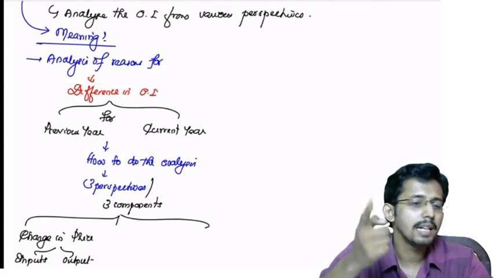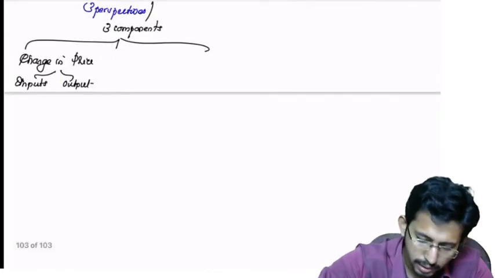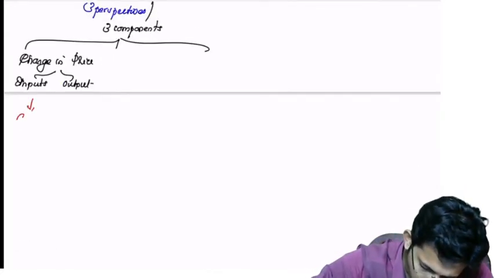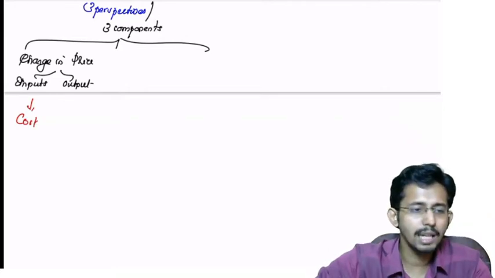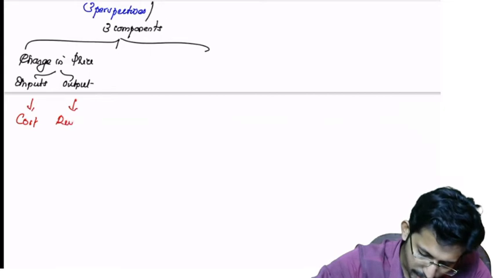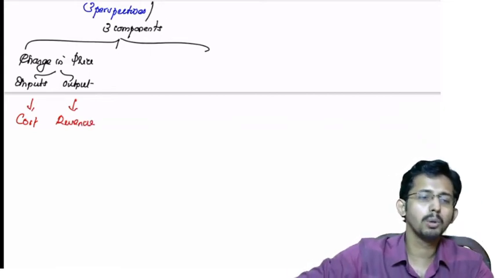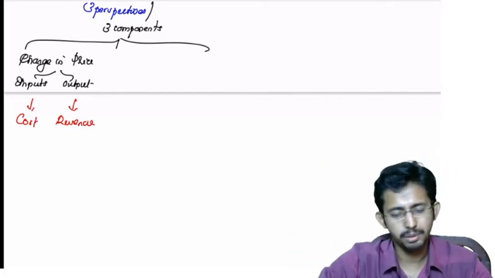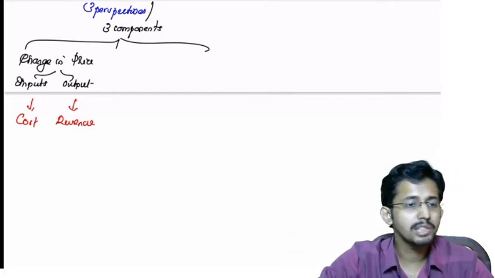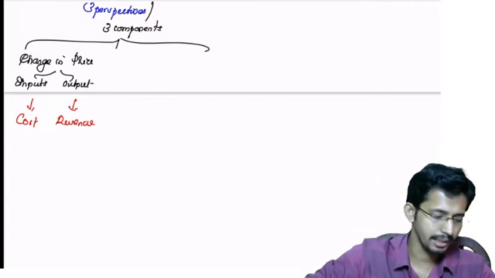Change in prices of input will affect the cost. On the other hand, change in price of an output will affect the revenue. So this component affects both revenue as well as cost. Is it clear? So change in price is one reason for difference in the operating income.